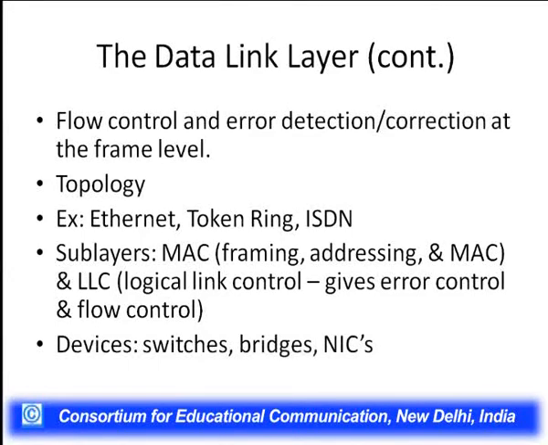Switches, bridges and network interface cards are the devices which work at the data link layer. Besides this, there are sub layers also like the MAC layer and the LLC layer for the logic link control, and it gives the facilities of error control and flow control as well.